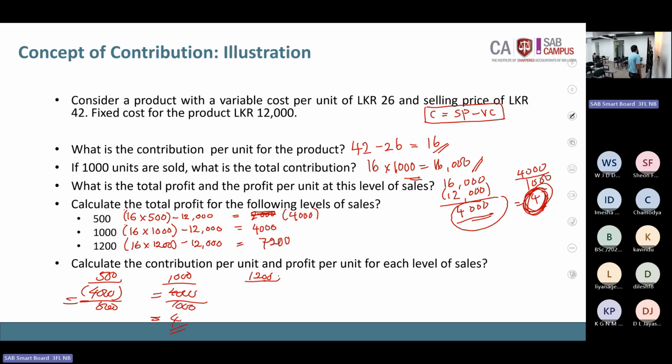Here we have 4. 7,000 divided by 1,000. Minus 6.